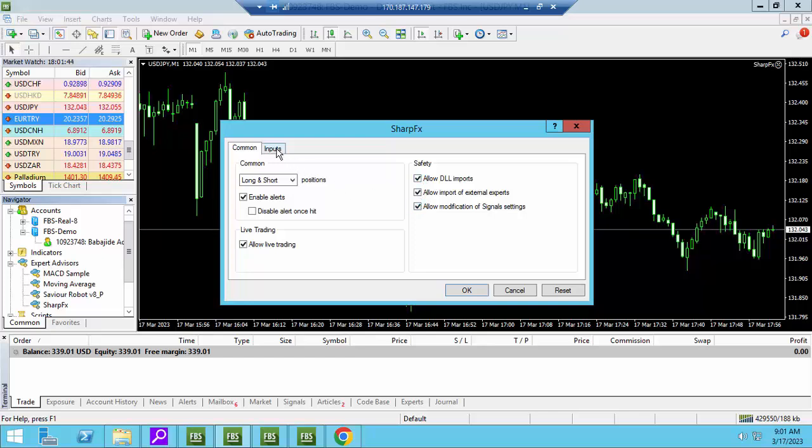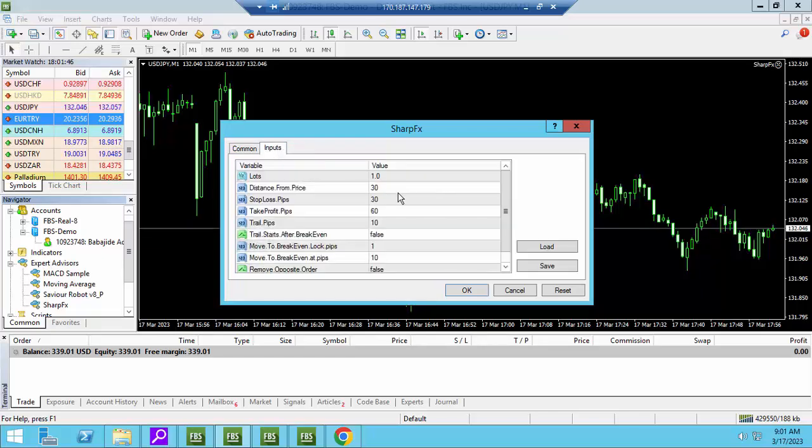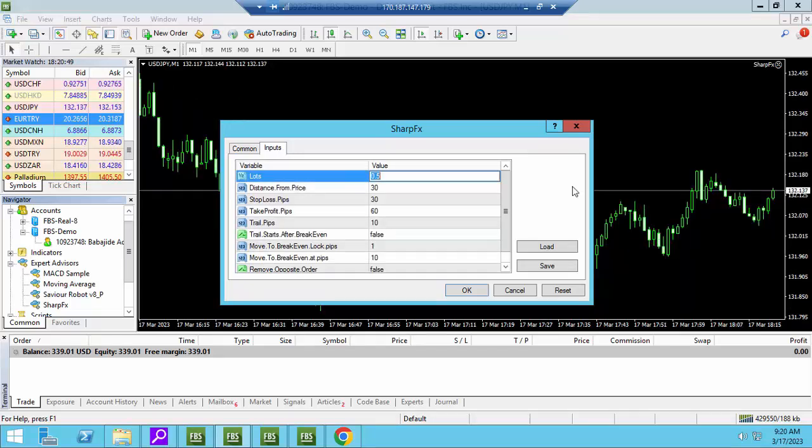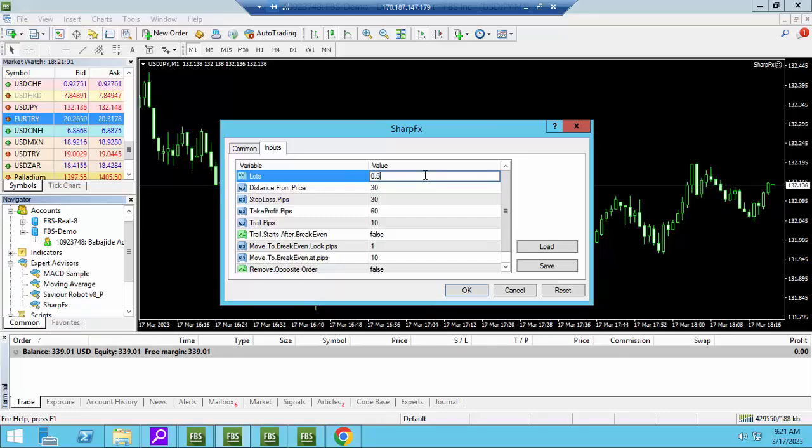After you have done this, you need to come down to the common, come to input and put in your data depending on the money you have. With $200, I was able to trade 0.5 because at the instant of the news, the software will enter the market and trail it. So it goes in the direction of the market: if the market is going up, follow it up; coming down, follow it down.